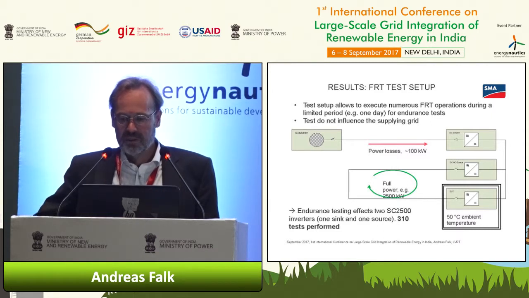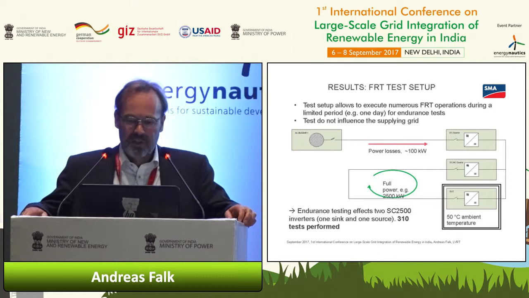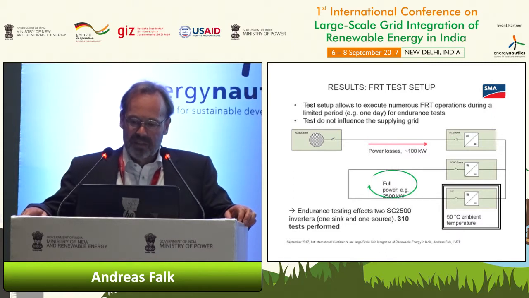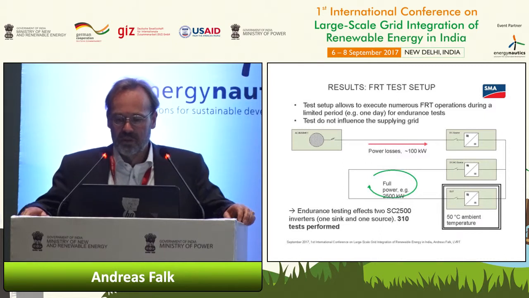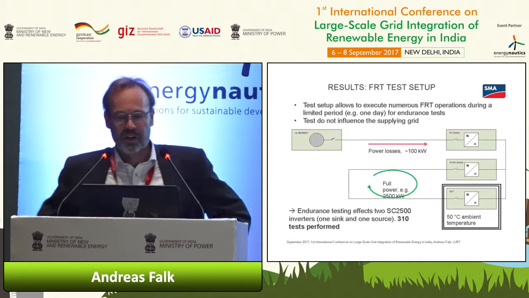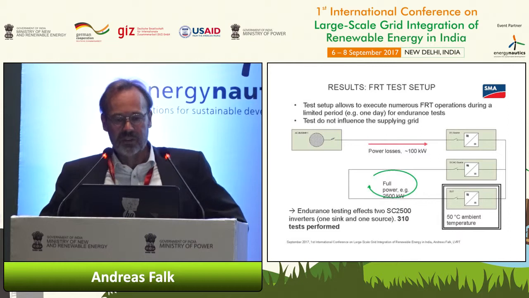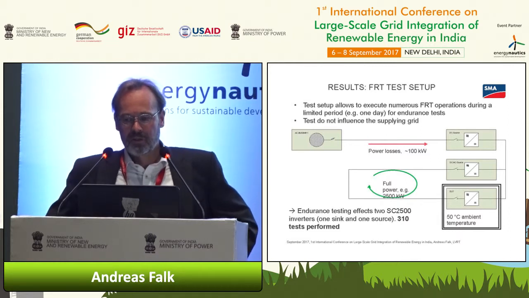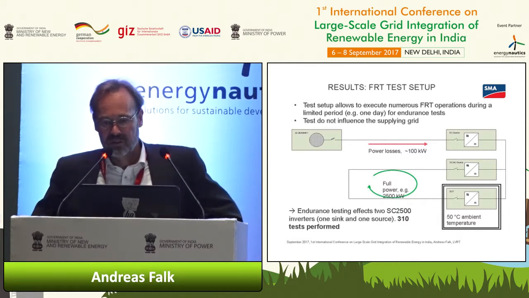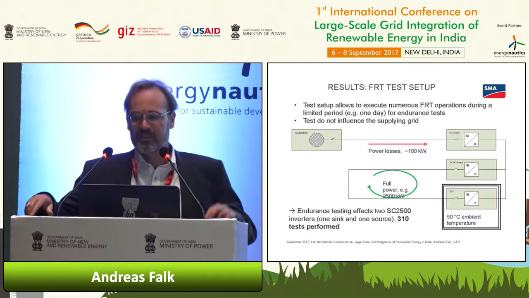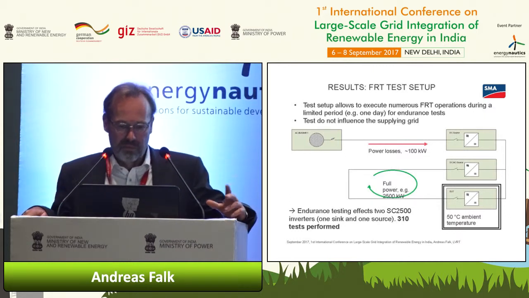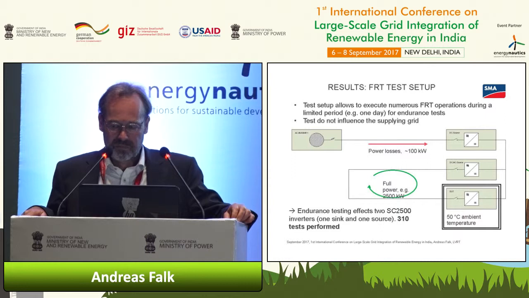We have a voltage source inverter to generate the voltage dip, and the device under test is a current source inverter reacting on the voltage dip. And what you see here is you have to cover the losses of this test setup from a DC source.